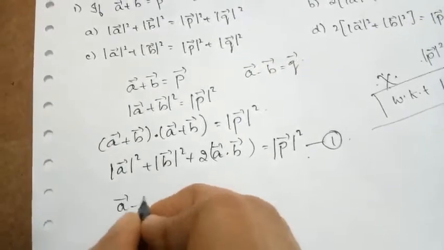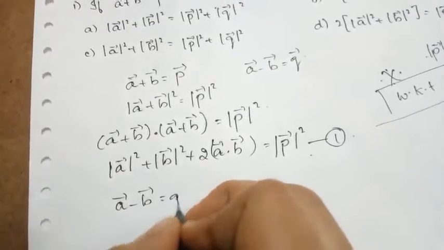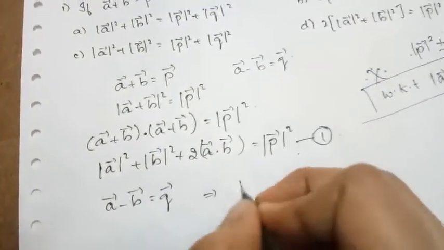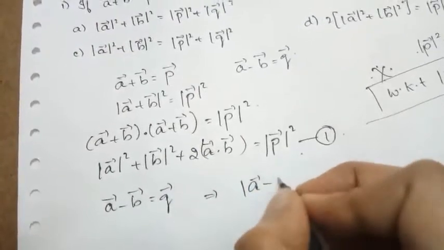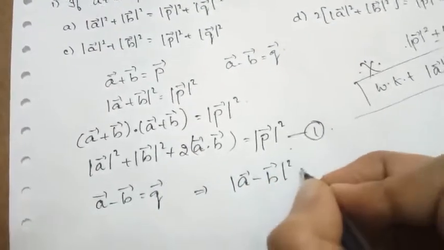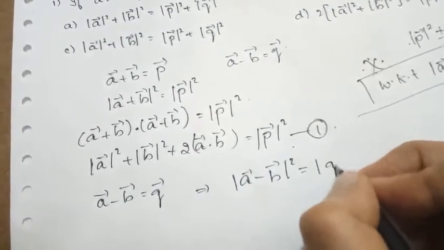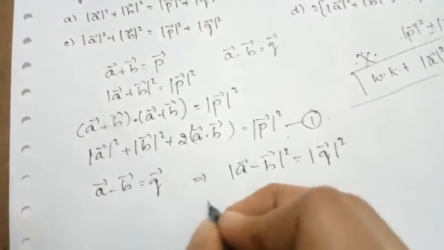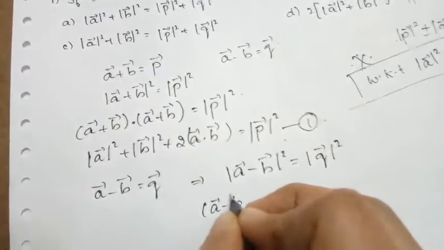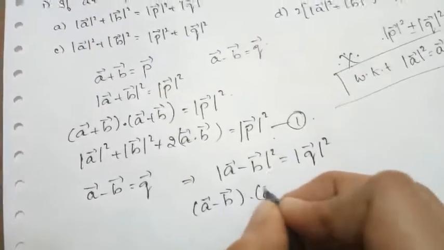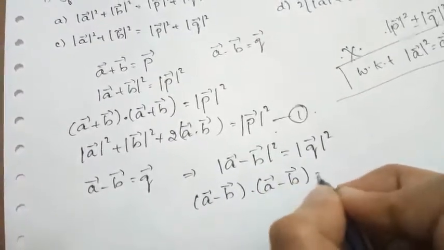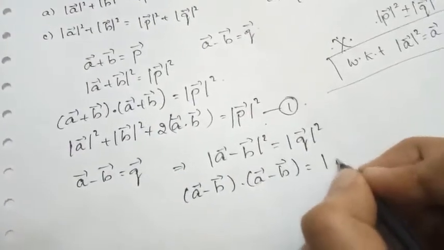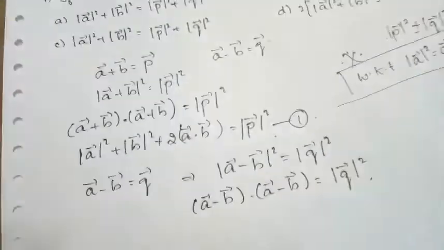Again, we have vector A minus vector B is equal to vector Q. This implies magnitude of vector A minus vector B whole square is equal to magnitude of vector Q whole square. I can write it as vector A minus vector B dot vector A minus vector B is equal to magnitude of vector Q whole square.